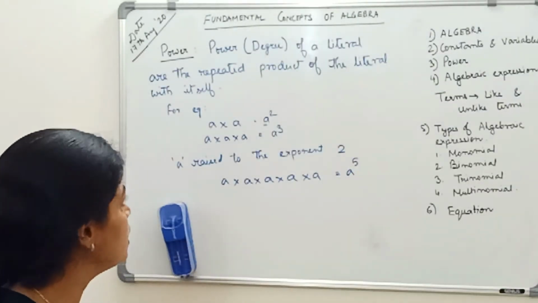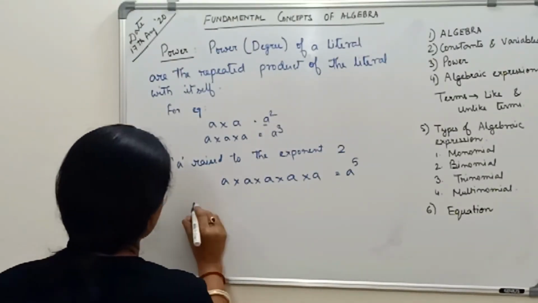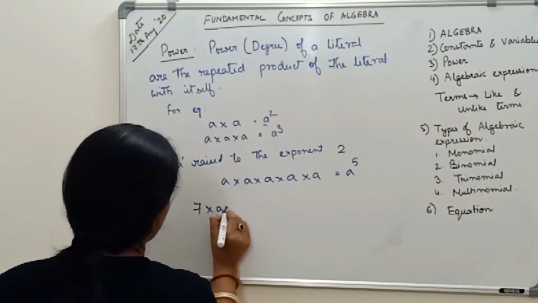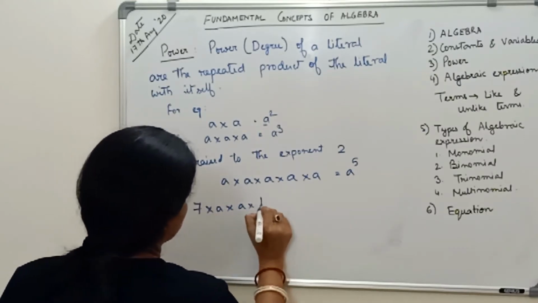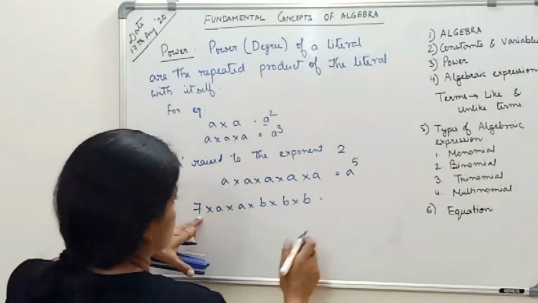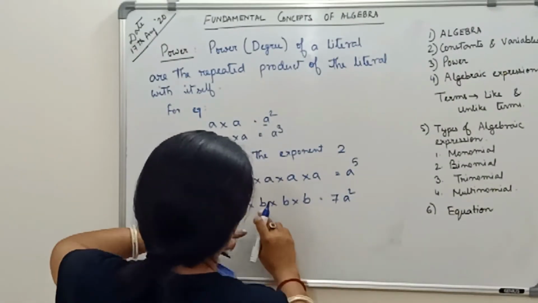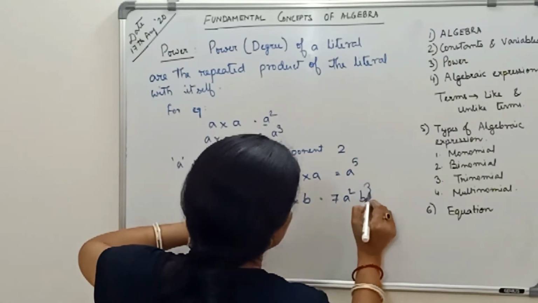In that way we read this. Now suppose I have 7 into a into a into b into b into b. How many a's are there? 2. So 7 a square, and 1, 2, 3, b cube.